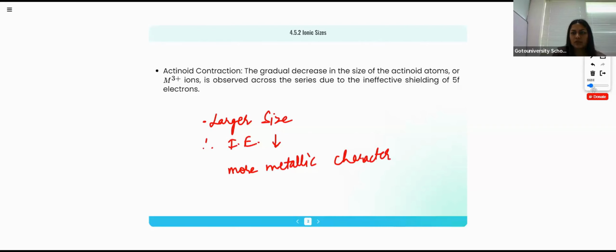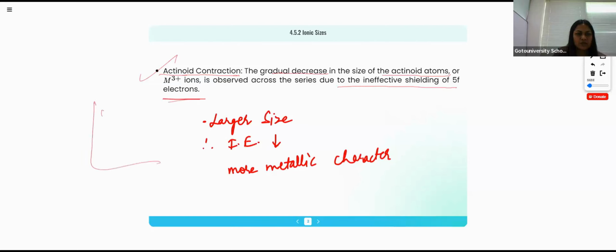Due to their larger size, they face the actinoid contraction, like the lanthanoid contraction. So what is actinoid contraction? That is the gradual decrease in the size of the actinoid atoms, and that is due to poor shielding of the 5f electrons.